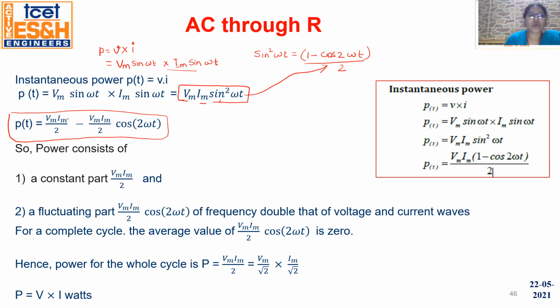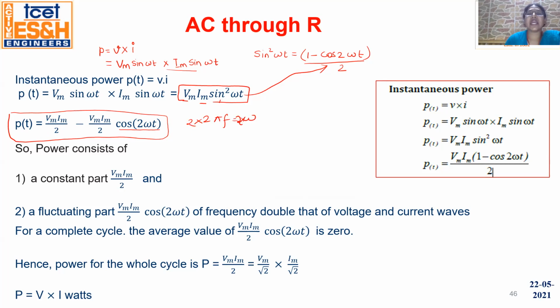The first component is a constant, the value of Vm multiplied by Im and divided by 2. Whereas the second component has a fluctuating part because of this cos 2 omega t. And see, omega is equal to 2 pi f, and it is multiplied with the 2.